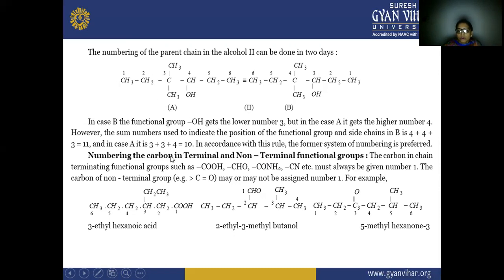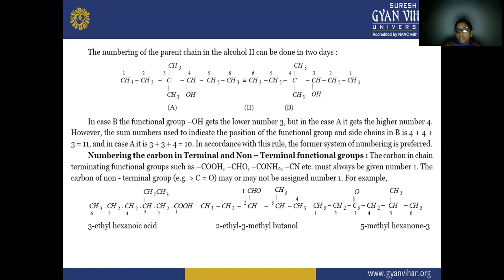So numbering the carbon in terminal and non-terminal functional groups. The carbon in a chain terminating functional group such as COOH, CHO, CONH2, that is carboxylic acids, aldehydes, amides, nitriles, etc., must always be given number 1.